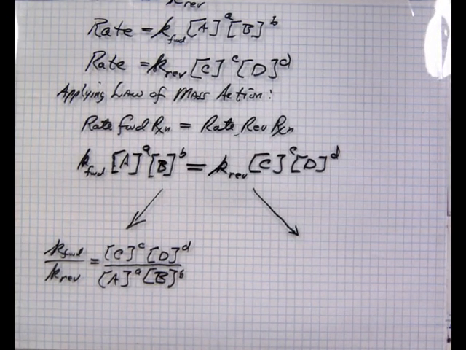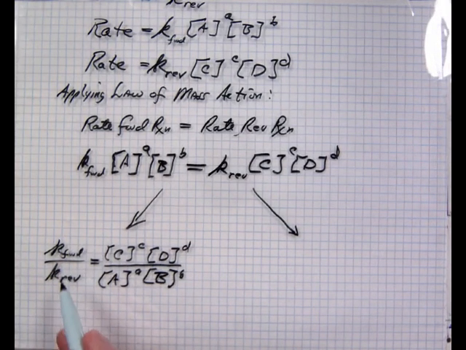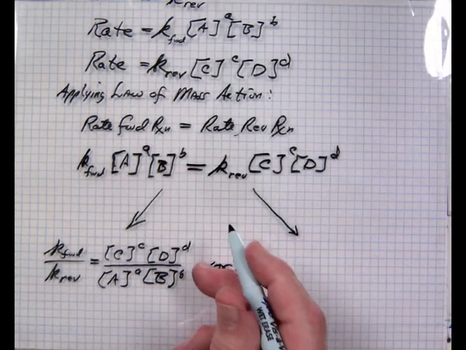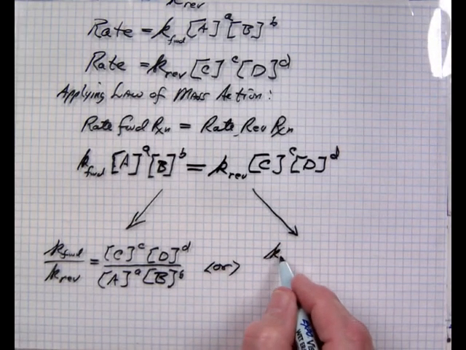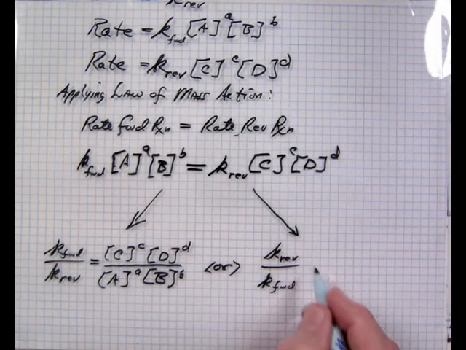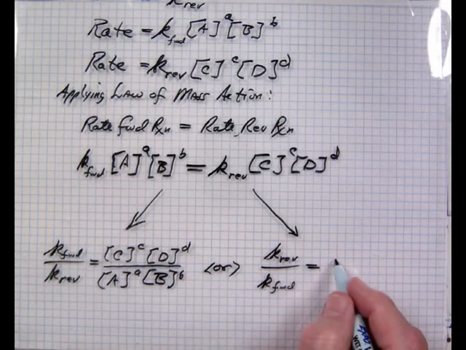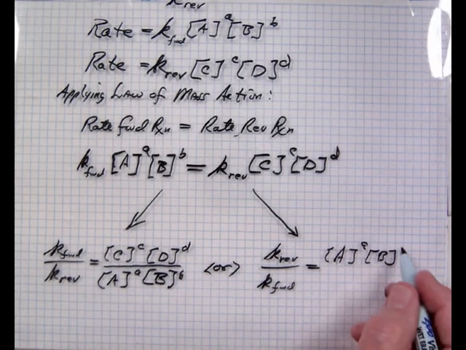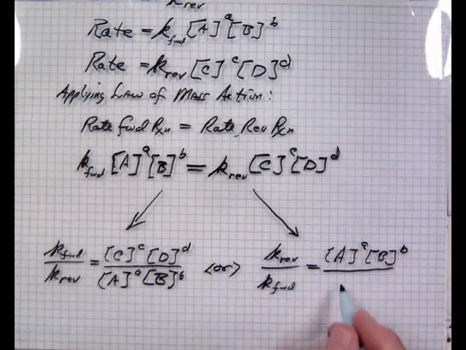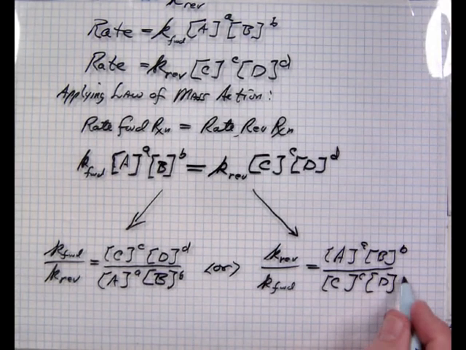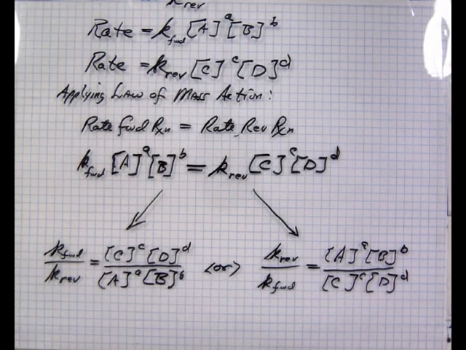The central issue is write a ratio of rate constants, forward over reverse, or we can have the reciprocal of this, K reverse over K forward, to equal, flip this over, A raised to the A power, B raised to the B power, C times concentration of D power.